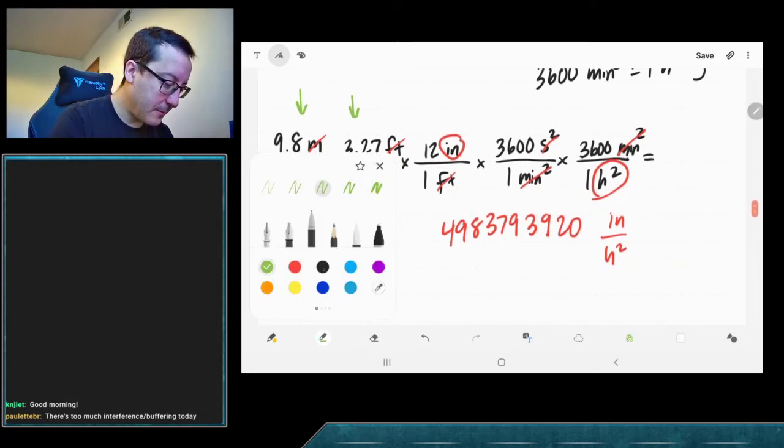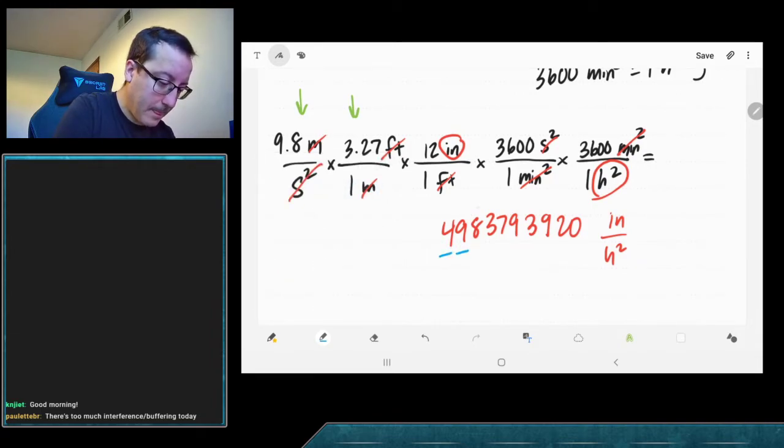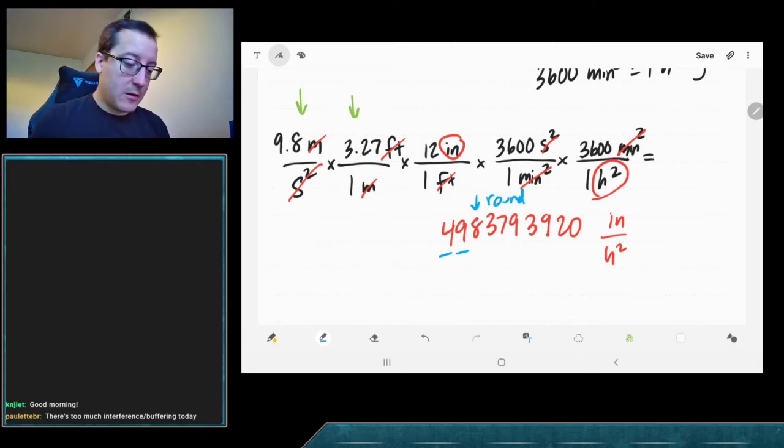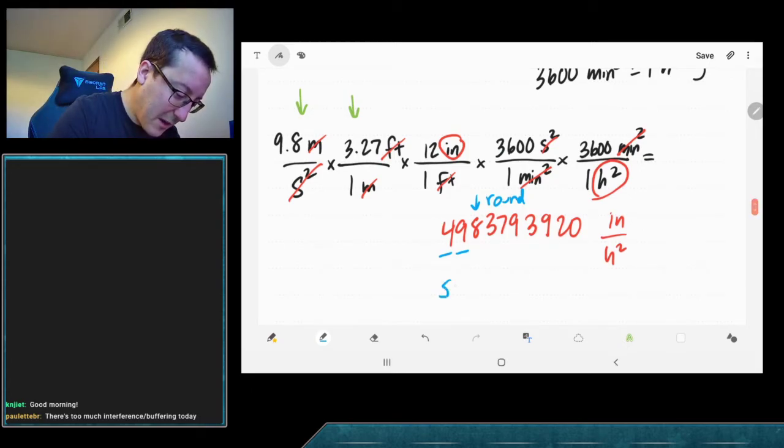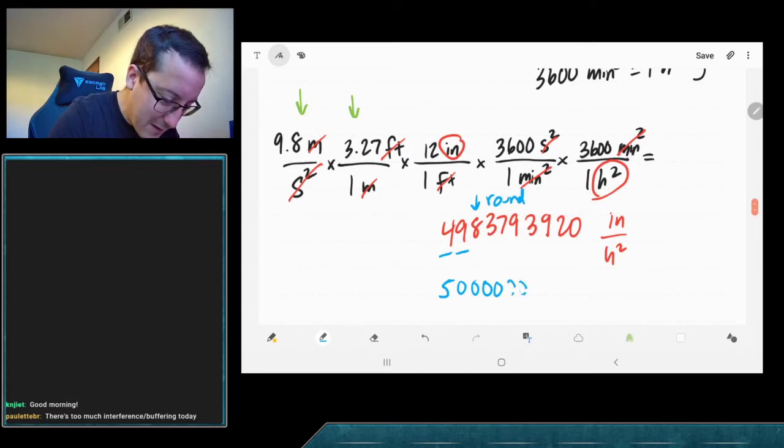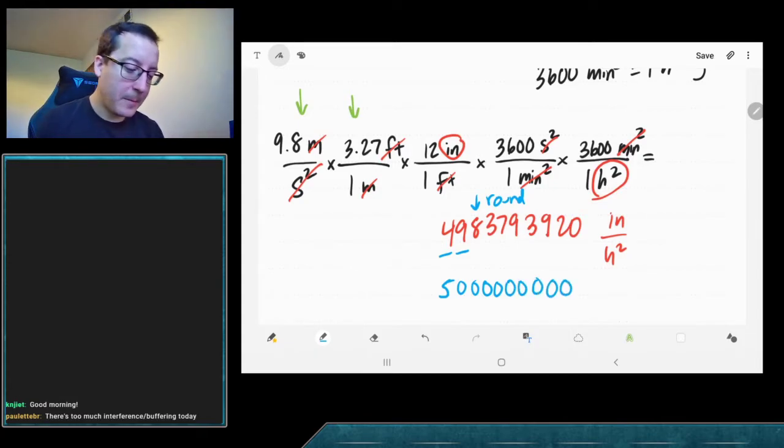So, let's do blue. We have to round here. Okay, so we need to have 5, 0, 1, 2, 3, 4, 5, 6, 7, 8. But this number would only have 1 sig fig, as it is written.